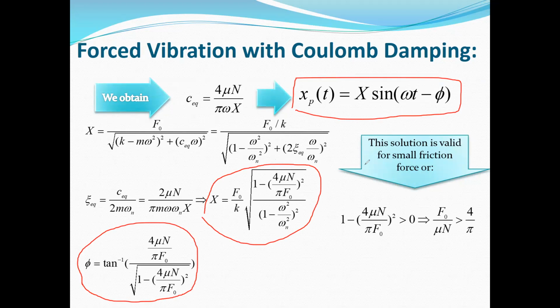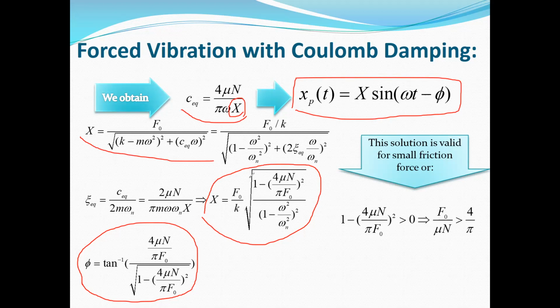So this is the total procedure. In the first step, we assume that we can find an equivalent viscous damping system for the system with Coulomb damping. Then we solve the equation of motion, and because the equivalent damping constant was a function of the amplitude of the response, we substitute into the general form of the response.